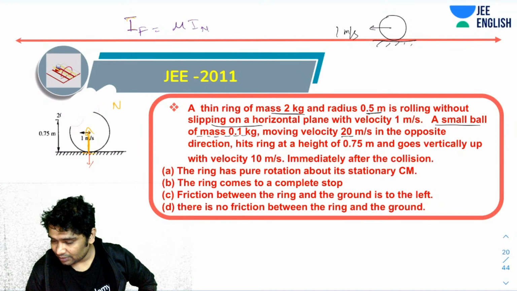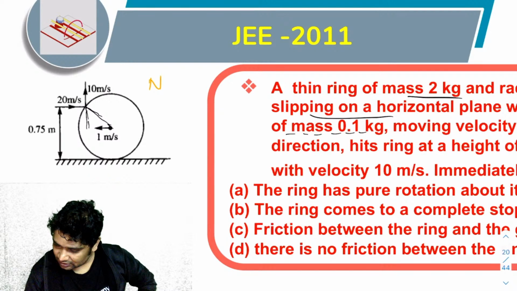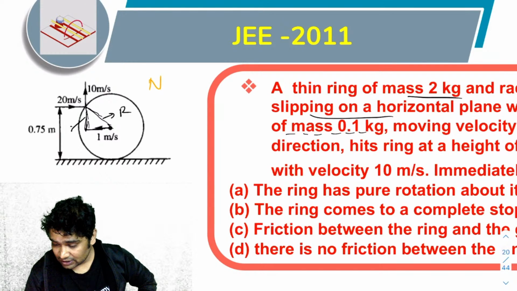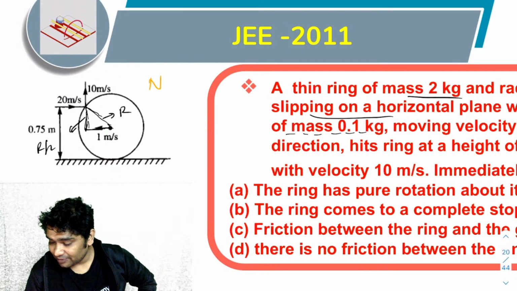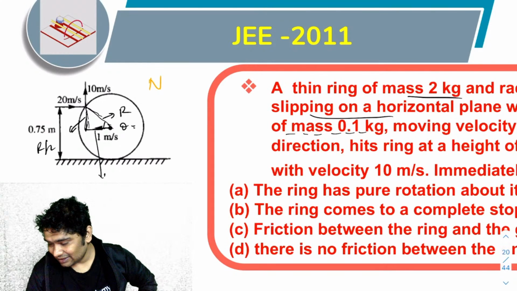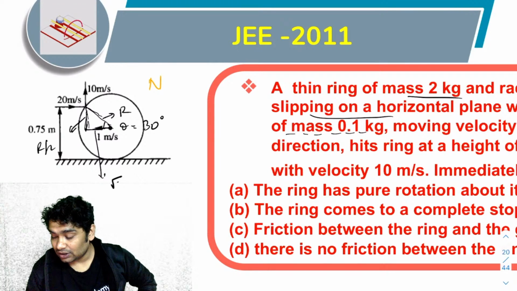Let's draw the diagram here only. I have this, so this is R. This here is R by 2, because R was 0.5. Can I say that this theta is 30 degrees? The sine of theta is 1 by 2. So this is R cos theta, which will be root 3 R by 2.